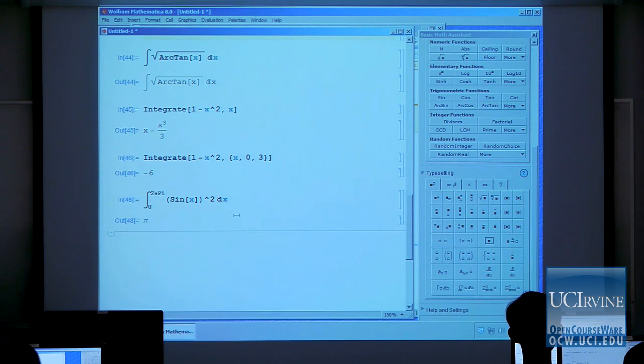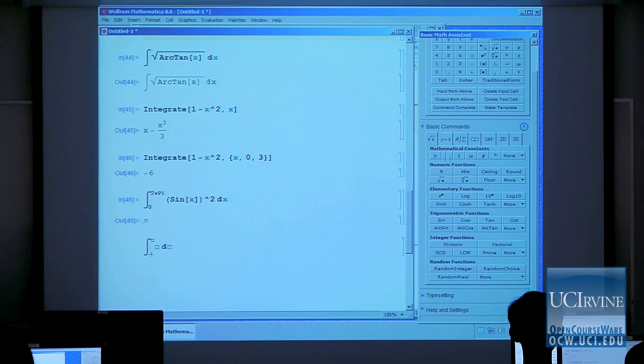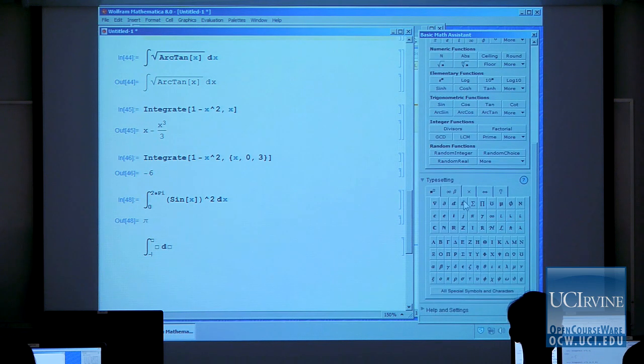All right, so let's do that. Let's integrate the Gaussian function from minus infinity to infinity. All right, so I'm going to put in minus infinity at the bottom, and then plus infinity at the top, here.